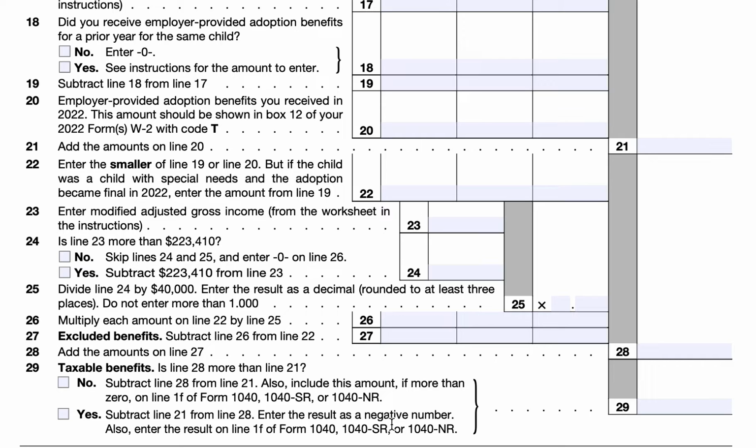You'll also include this amount if more than 0 on line 1F of your Form 1040. If the amount on line 28 is more than line 21, you'll subtract line 21 from line 28. Enter this number as a negative number. You'll also enter this negative number on line 1F of your Form 1040.